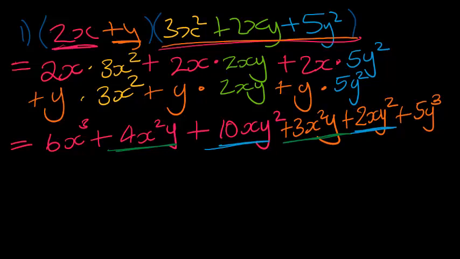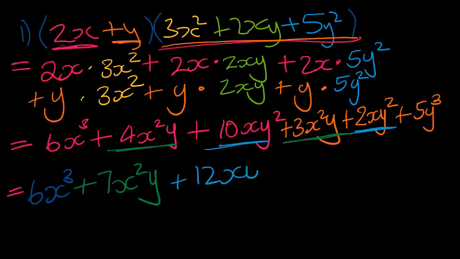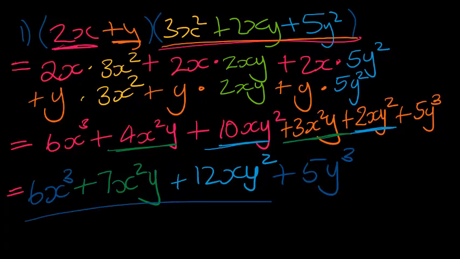So this becomes 6x cubed, 4x squared y plus 3x squared y becomes 7x squared y. Then I have 10 plus 2 gives me 12xy squared plus my final term is going to be 5y cubed. That is your answer for this question.